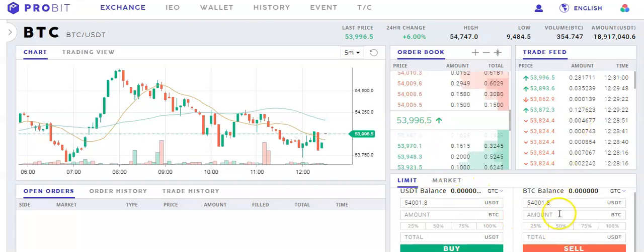This is the sell box. Here we would specify whatever token it is, whether it's EFT, whether it's UME or any other token. We select the price. We stipulate how many coins we want to sell.